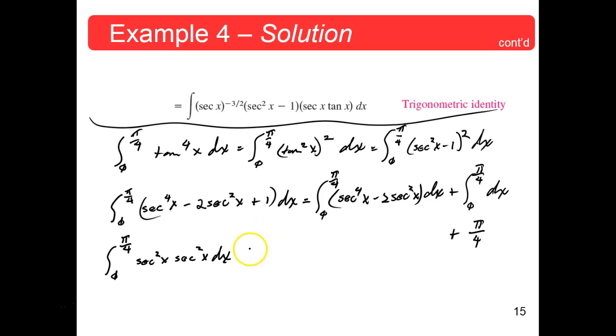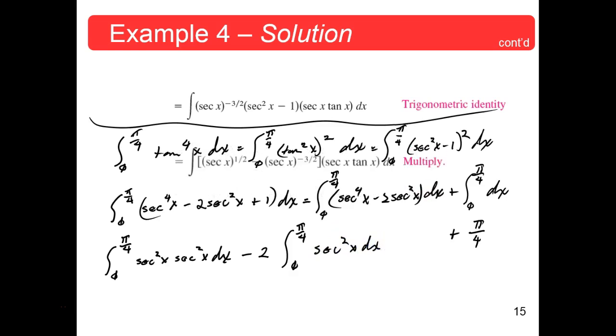Minus 2, but can we do this one? 0 to pi fourths secant squared x dx. Please say yes. How? Antiderivative of secant squared. Tangent, exactly.